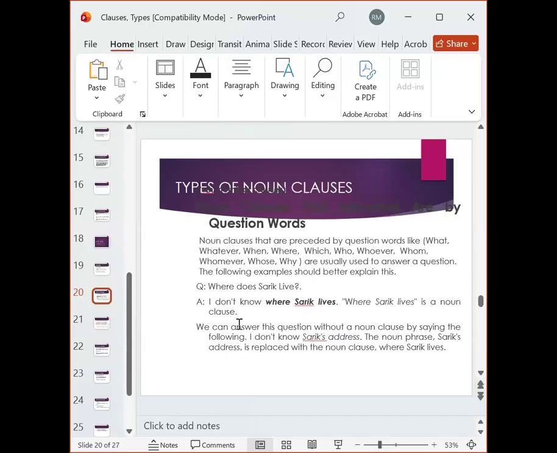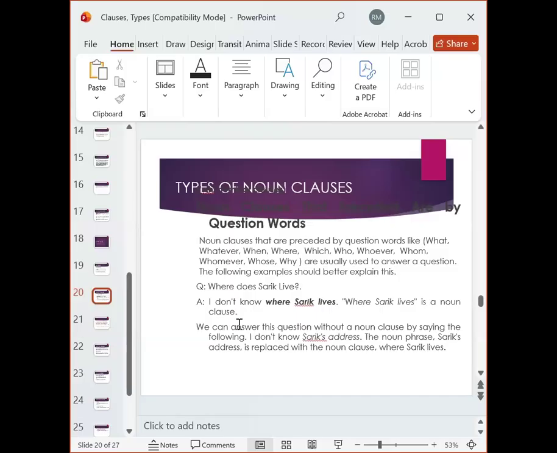So often the WH nominal clause, you can use it to ask a question. So for instance, I don't know where Sarik lives. And somebody can ask, do you know where Sarik lives? And that's a nominal clause. Remember, because it's a clause, there's a finite verb and there is a subject.